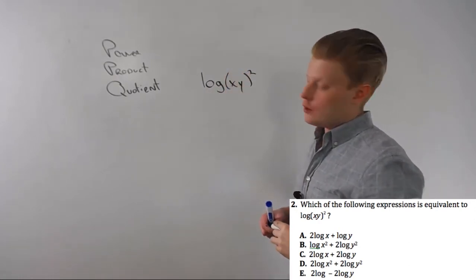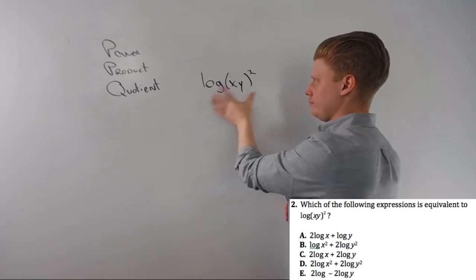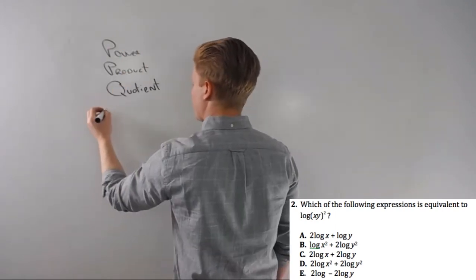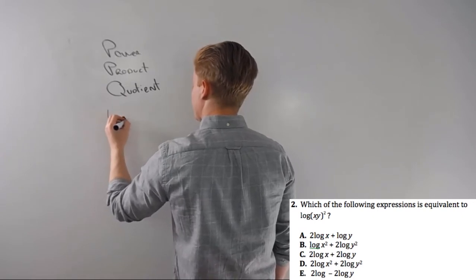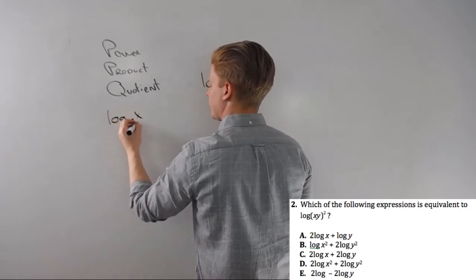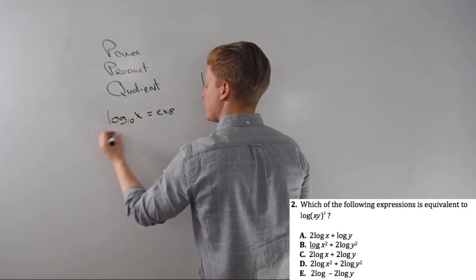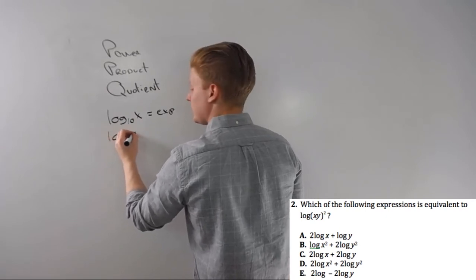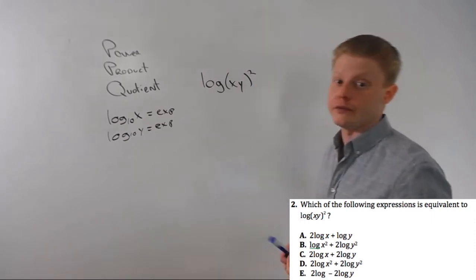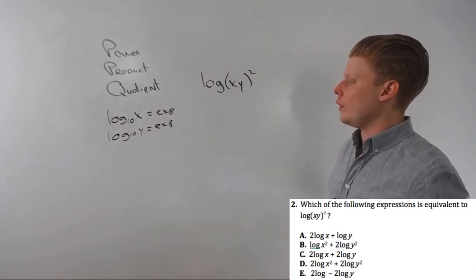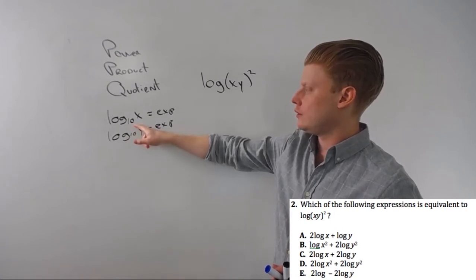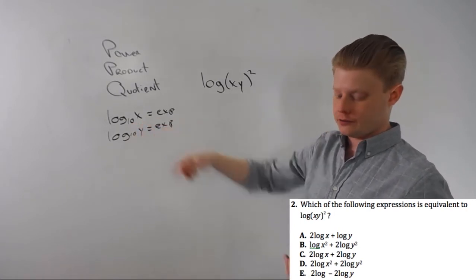Okay. We're asked what is equivalent to this. Now, remember from last time that log base whatever, by the way, if there's no base, it's base 10, of x is equal to an exponent, then log base 10 of y is equal to its exponent, be they the same, be they different. When I multiply two things that have the same base, I add their exponents.